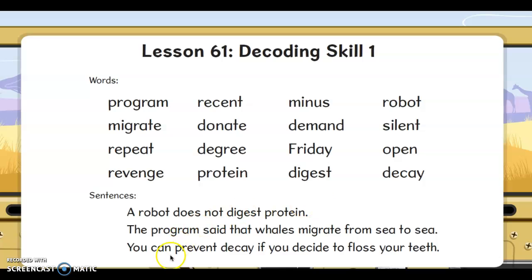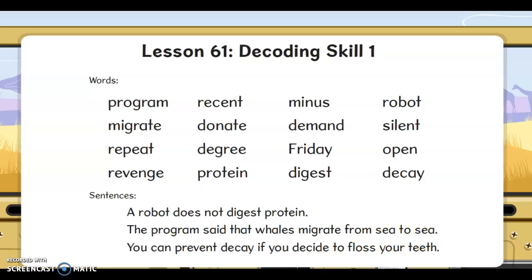All right, now I'm going to read the sentences. A robot does not digest protein. Now you read the sentence. I'm going to read the next sentence. The program said that whales migrate from sea to sea.